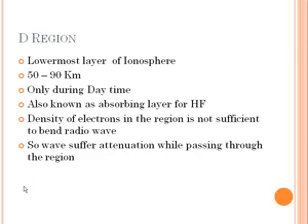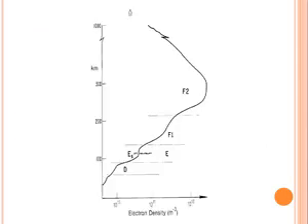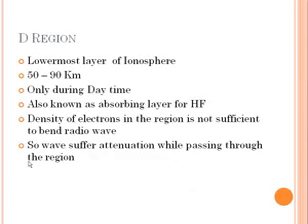We already discussed that the electron density in the D region is very low. So, what happens is that the density of electrons in this region is not sufficient to reflect back the radio wave. So, the wave suffers attenuation while passing through this region.